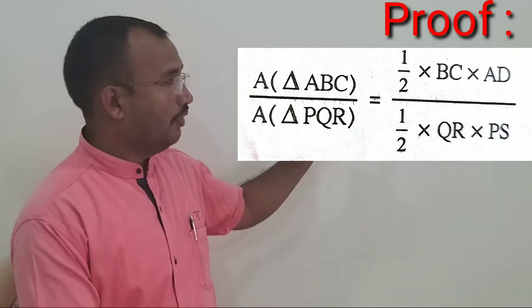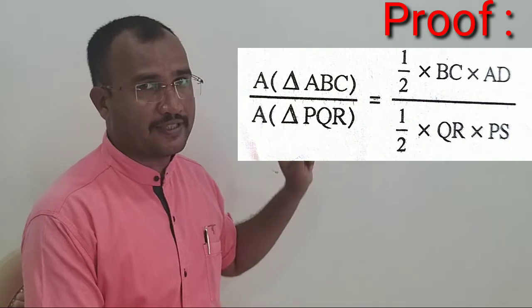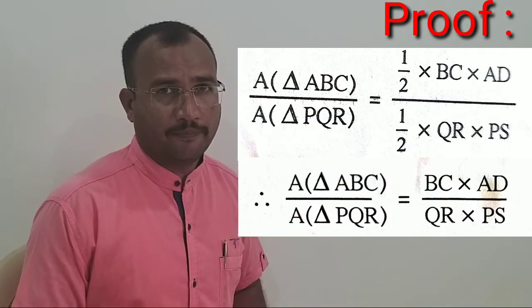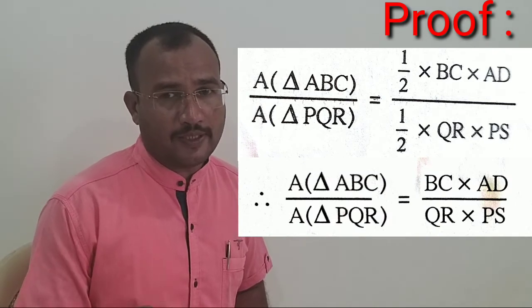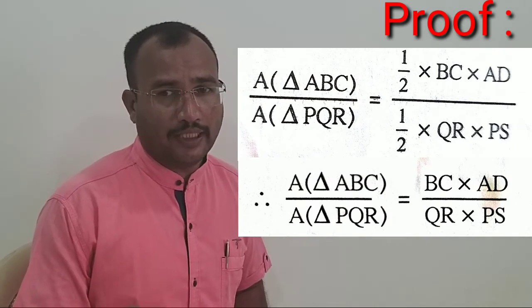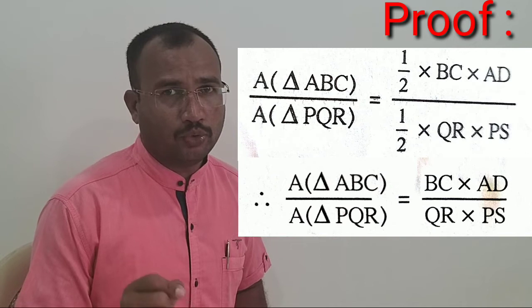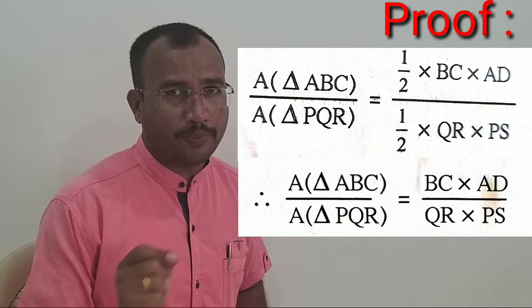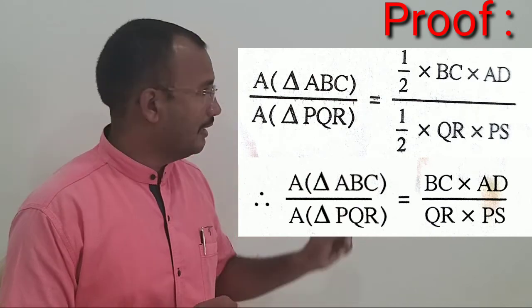In both, 1/2 gets cancelled. Then what is the remaining here? Area of triangle ABC divided by area of triangle PQR equal to BC into AD divided by QR into PS. And that is our to prove.